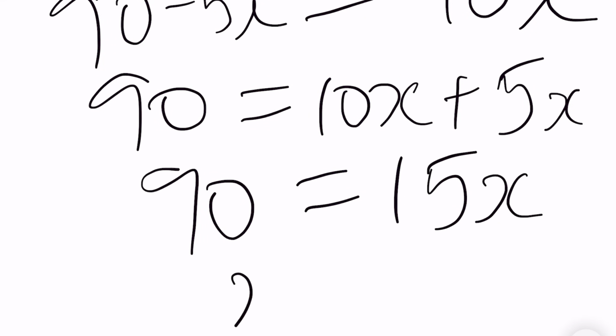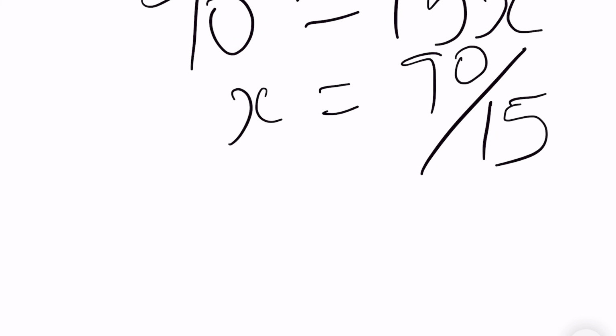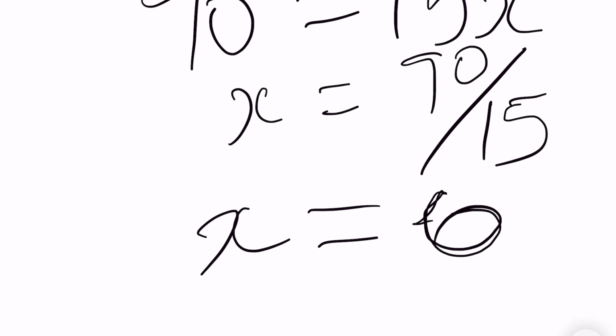So we have our x to be 90 over 15, which is 6. So our x is 6. So definitely if we solve for the other way around, we will also get 6.